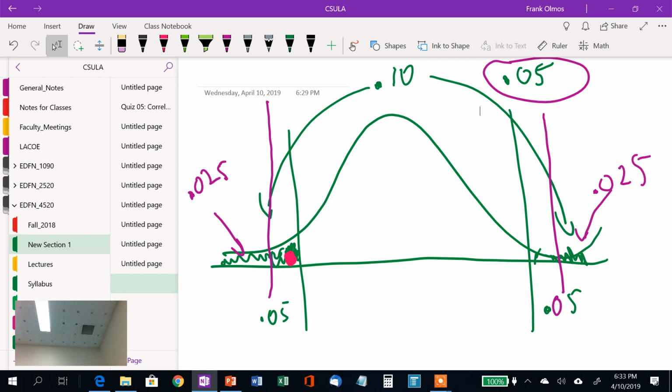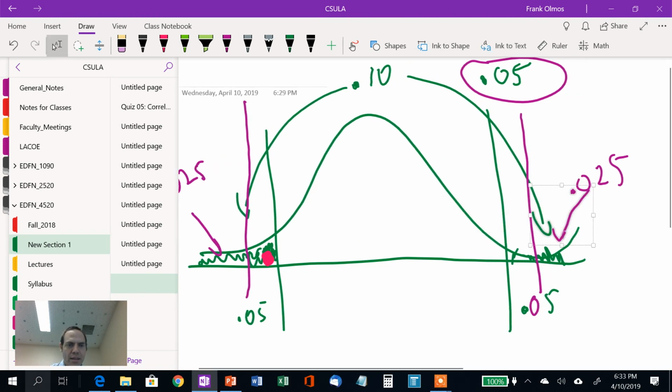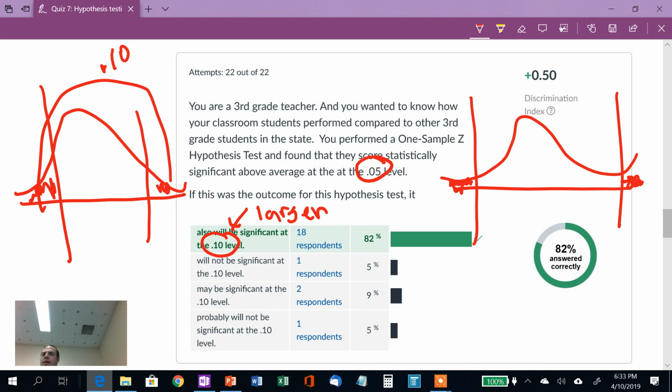The sample lands here. Now, do I accept or reject the hypothesis? So that's basically what I was trying to say with my first question. So at the 0.05 level, yes, reject the hypothesis, and it's still significant at the 0.01 level.